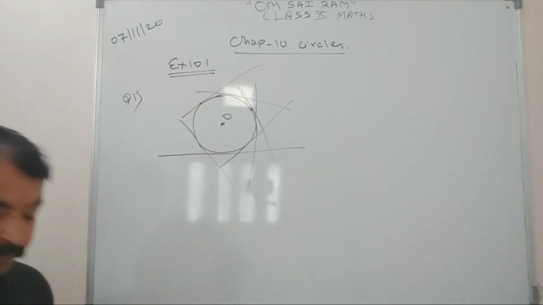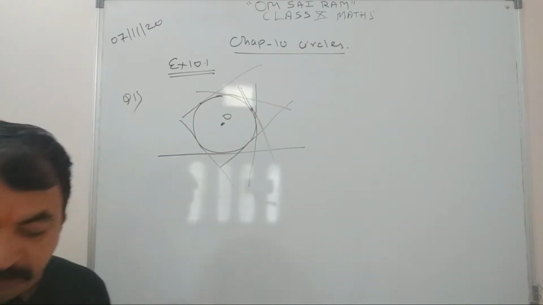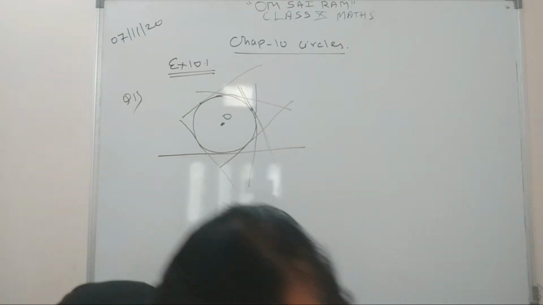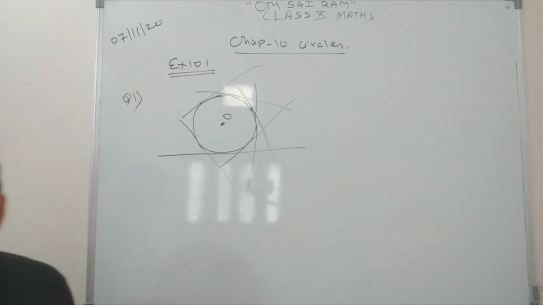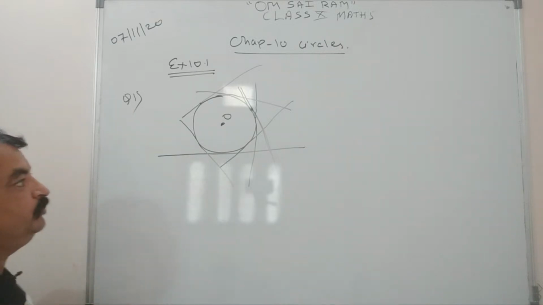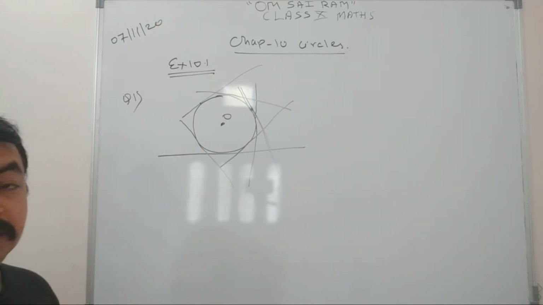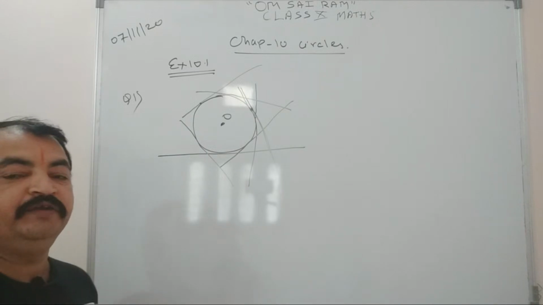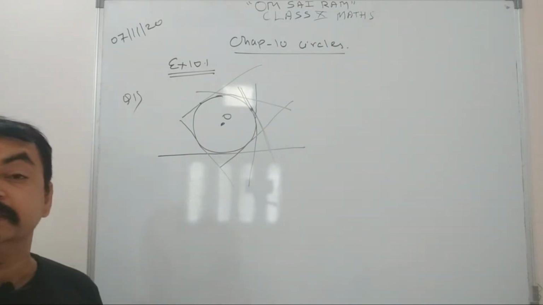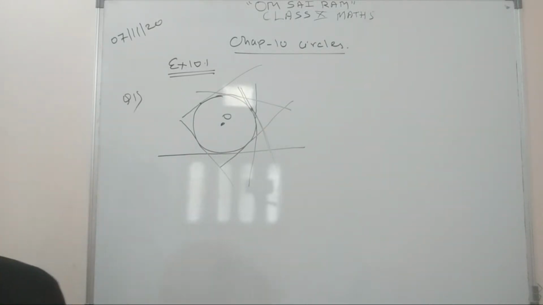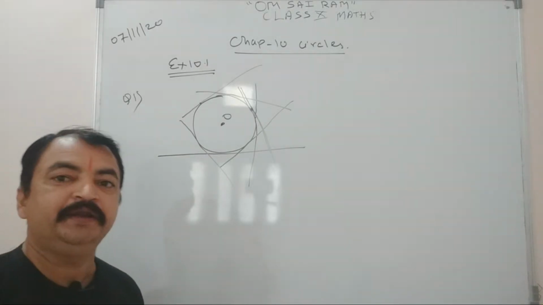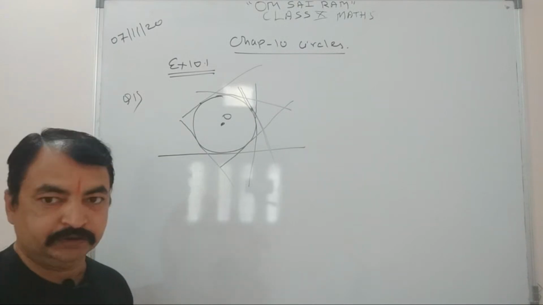Right? That means you can draw an infinite number of tangents to a circle. So question number 1 is over. Have you understood it? Since a circle is a collection of an infinite number of points, definitely we will get an infinite number of tangents, children.